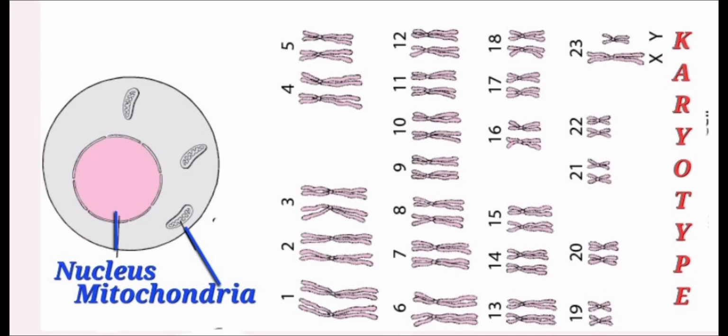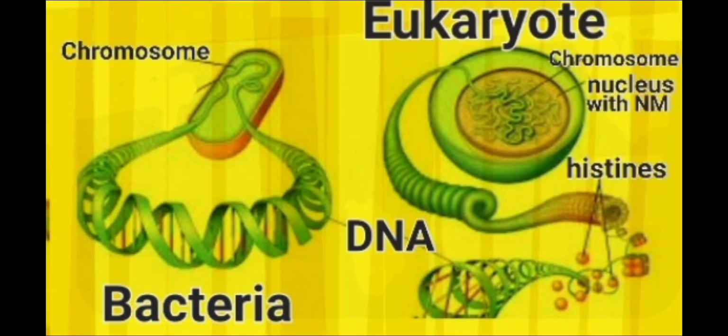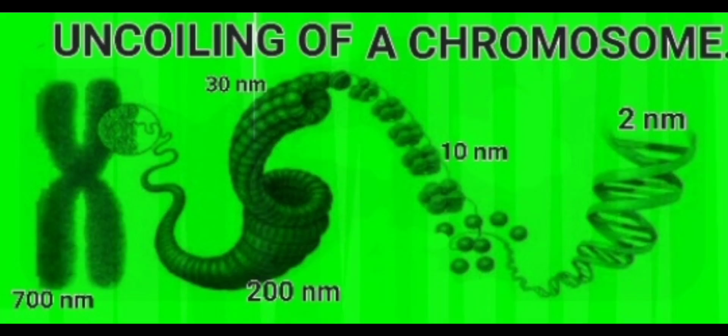Uncoiled chromosomes carry the following structures: a double helical DNA, which makes up around 40%, and the histone proteins, which make up a little more, around 60%.